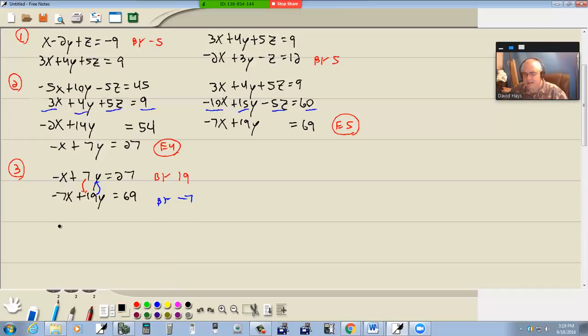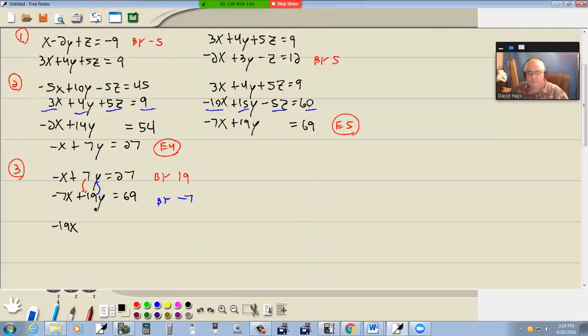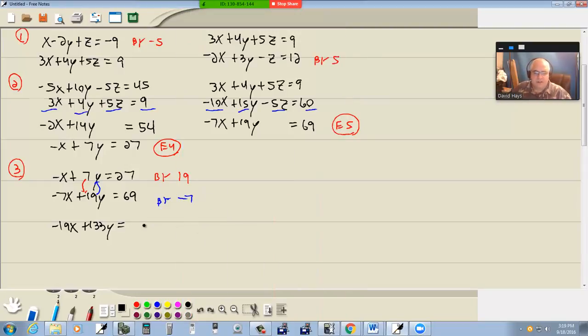Okay, 19 times -x is negative 19x. 19 times 7 is 133. 19 times 27 is 513.